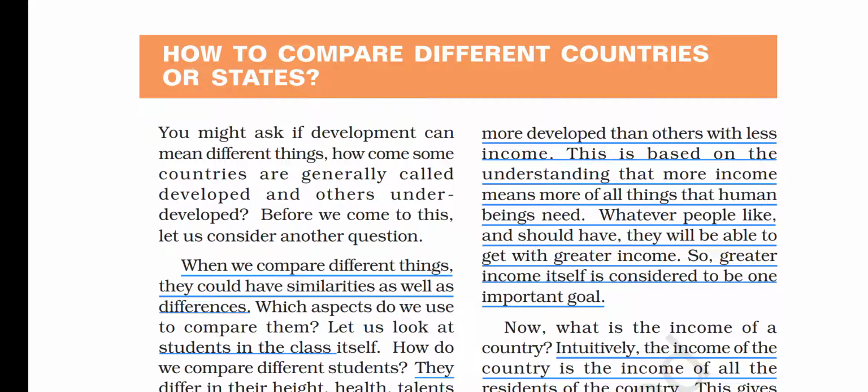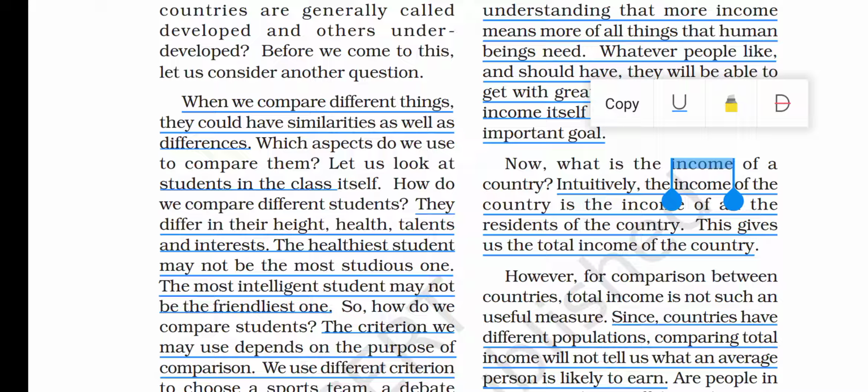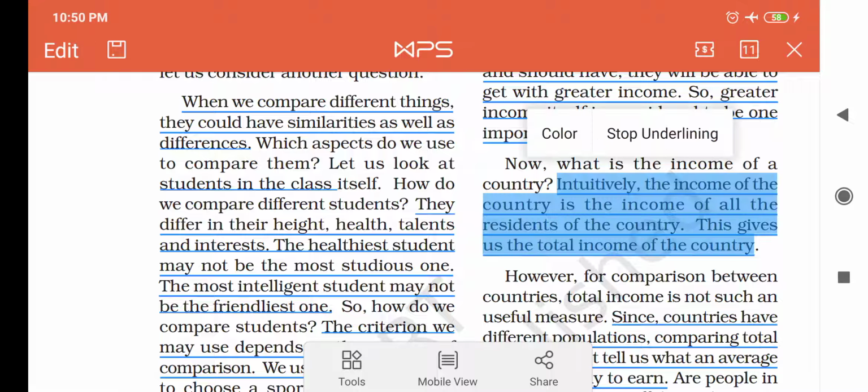Okay, now what is the income of a country? Fine, we understand the income of an individual or a family, but when we talk about the income of a country, let's know what it is. Intuitively, the income of the country is the income of all the residents of the country.